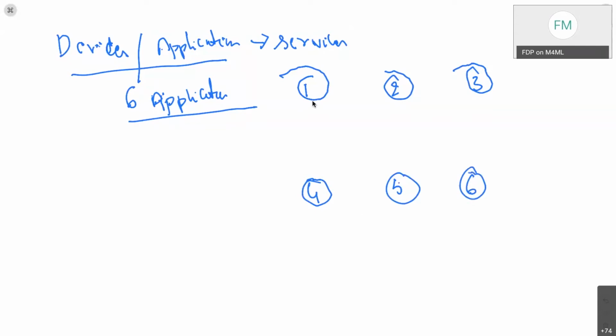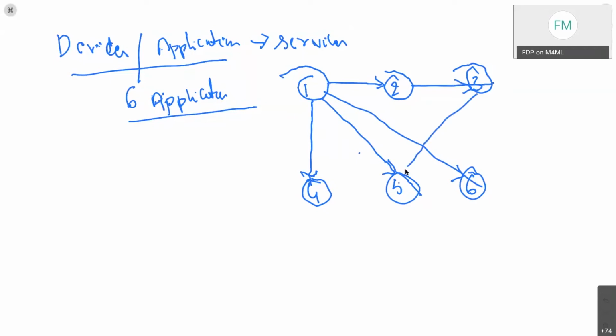Let's say this application is executed or related to 4, assuming that another application is providing the same set of services. So we represent this by linking these applications. 1 to 2, and similarly application 2 has a service which is available in 3, and 3 to 4, 5.